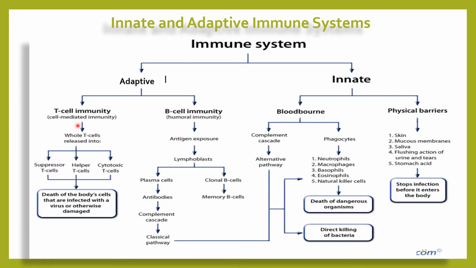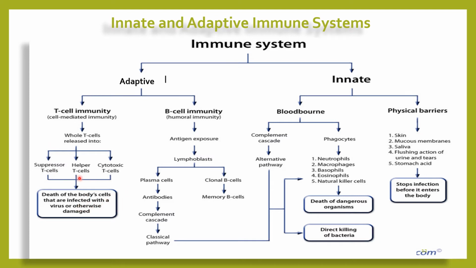Okay. So with your T cell immunity or your cell mediated immunity, your whole T cell is released, and they differentiate into suppressor T cell, your helper T cell, and your cytotoxic T cells. And all of these T cells will bring about the death of the body cell.